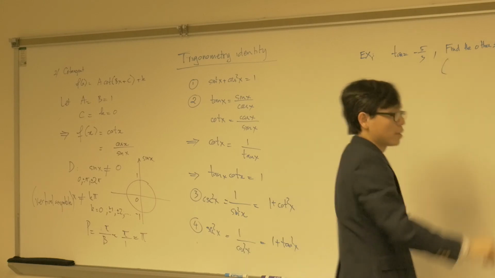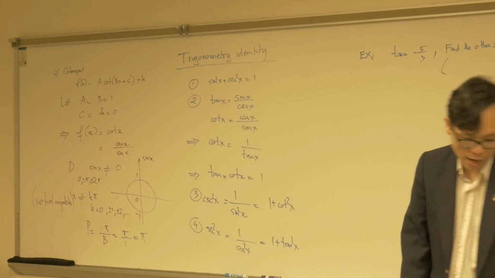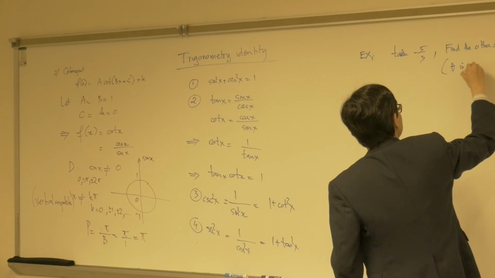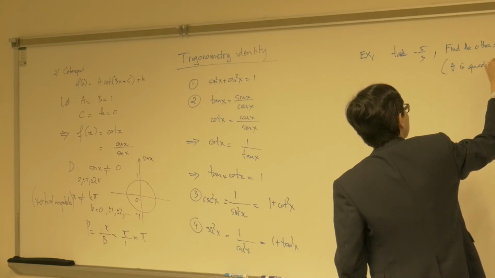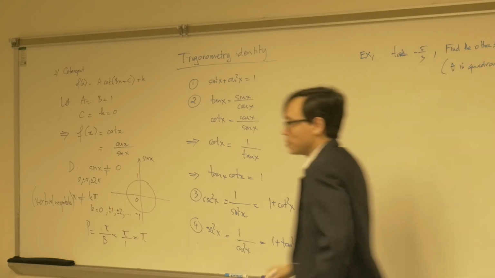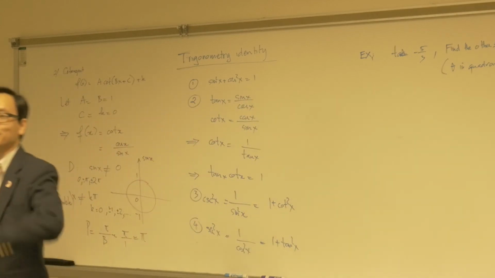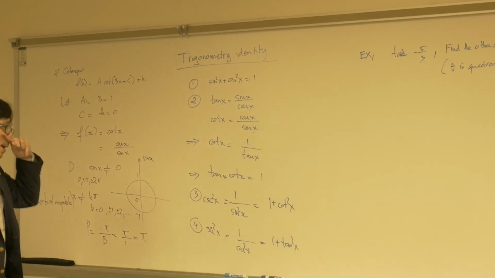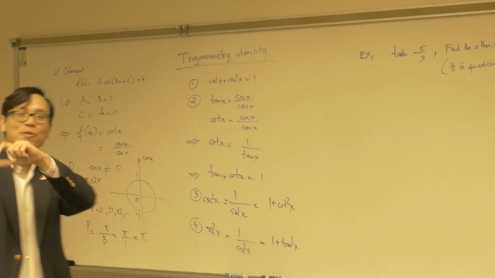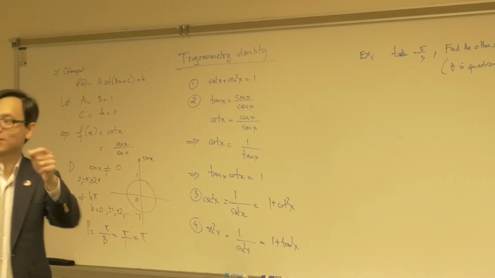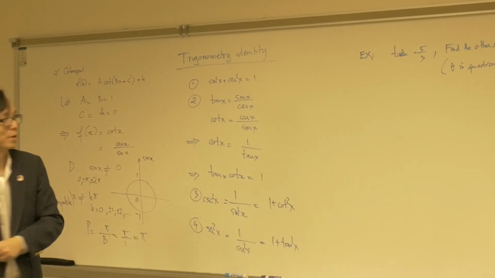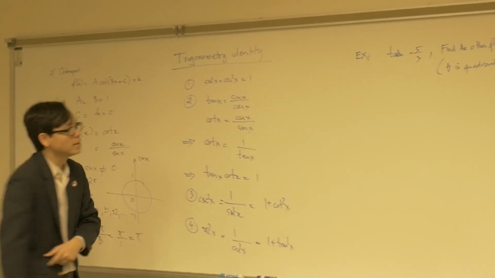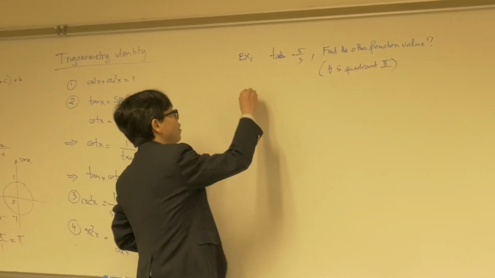And I give you the condition that theta is in quadrant 2. So last time we used the triangle. We drew the triangle and found the reference angle, and tangent is opposite over adjacent. You can do that. But because we learned trigonometry identities today, let's see if we can apply these formulas.